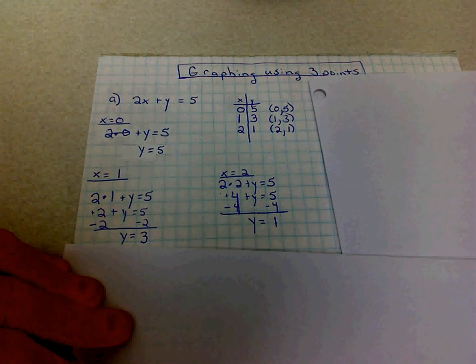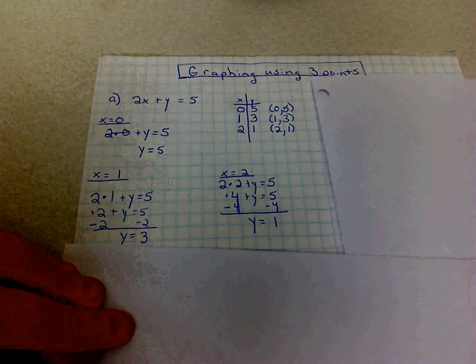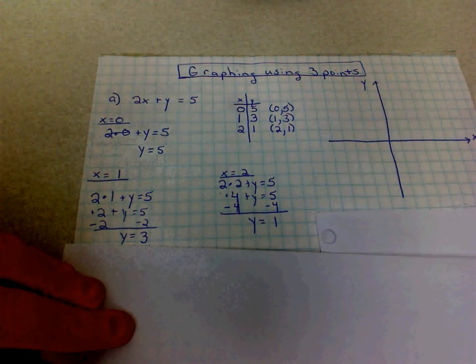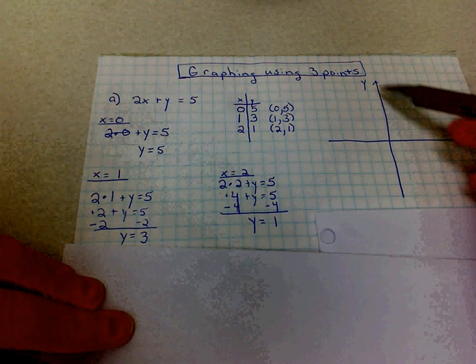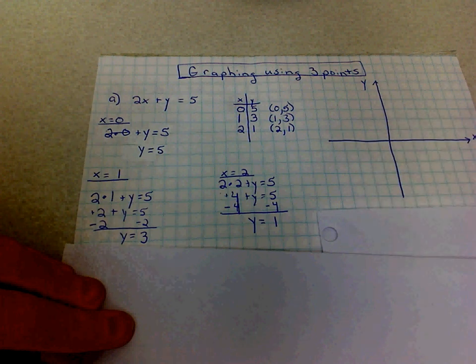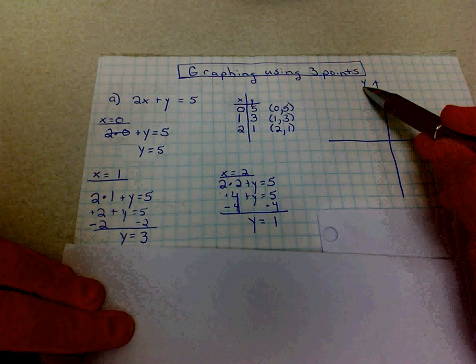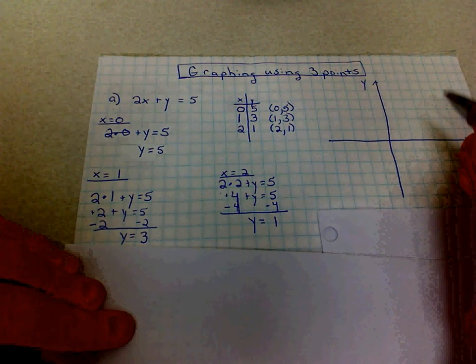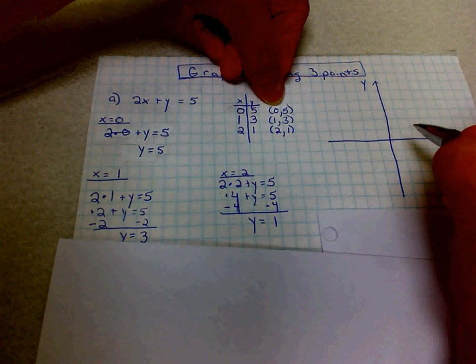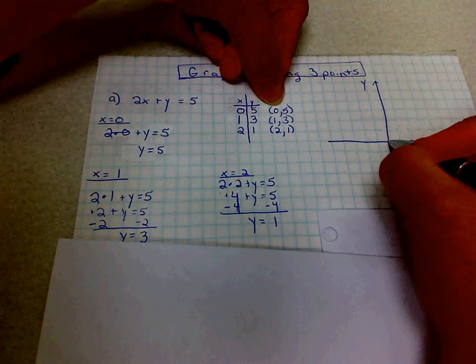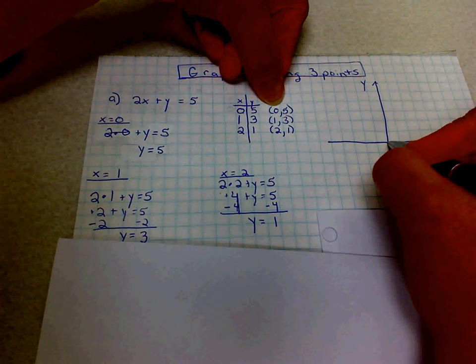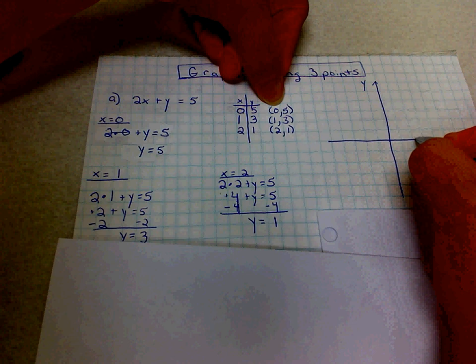How are we going to graph this? Well, first off, we draw a coordinate system where we have an x-axis labeled and a y-axis labeled. Then, for the first point, we go to x equals 0. Remember, if I go to the right, x is positive.